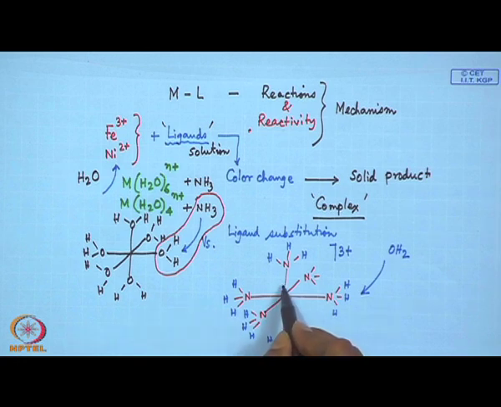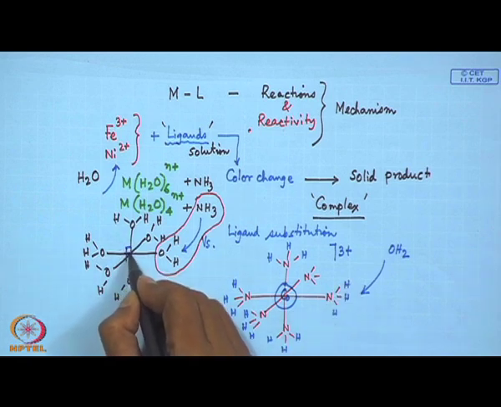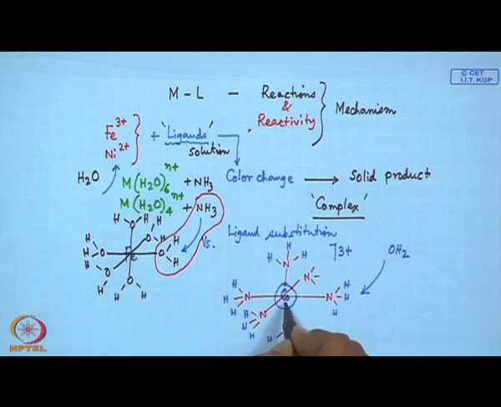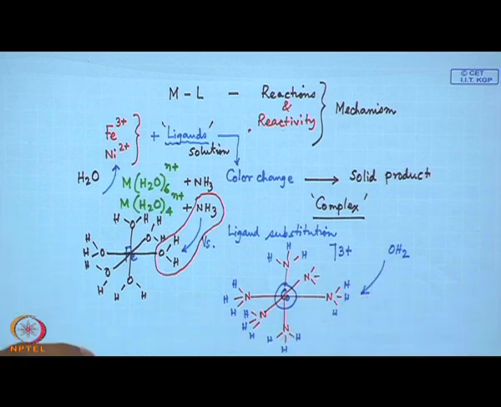That is also dependent on the nature of the central metal ion and how strong this particular bond is, and its corresponding heat of reaction or enthalpy of formation for this cobalt-nitrogen bond, where the nitrogen belongs to this ammonia molecule, because here we are talking with, say, iron or nickel, but in this particular case it is cobalt. So, whether water can replace these ammonia molecules, that we can check.